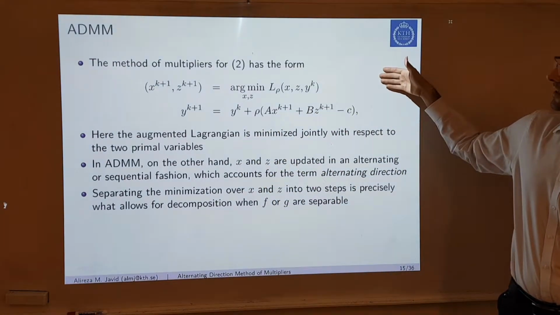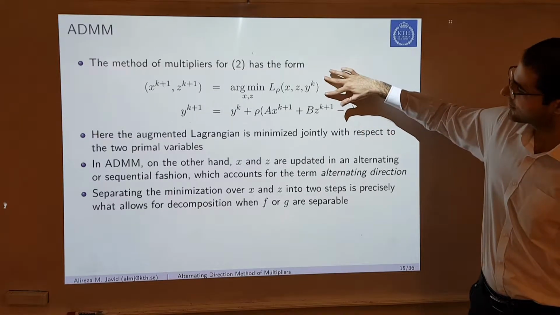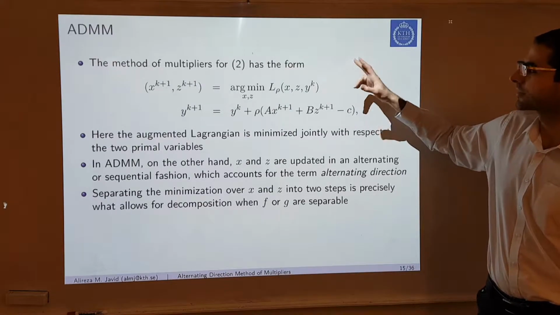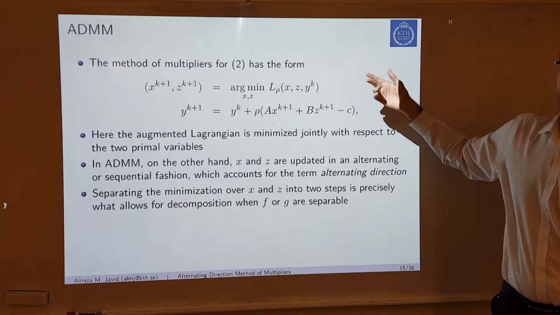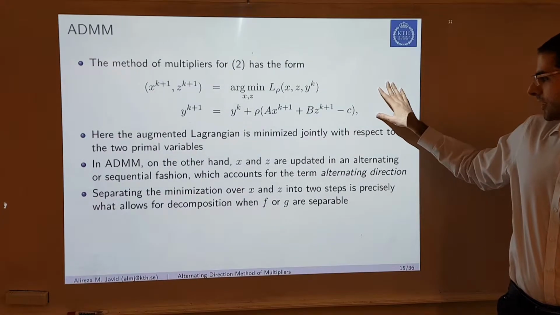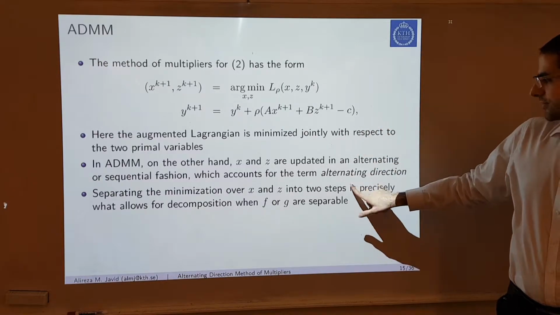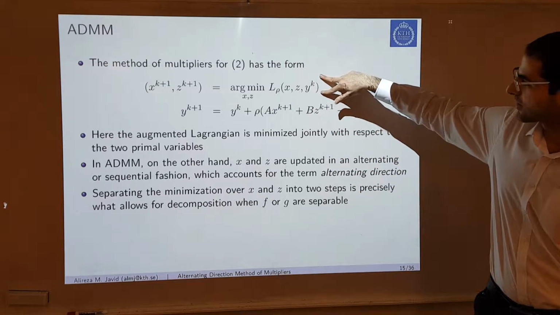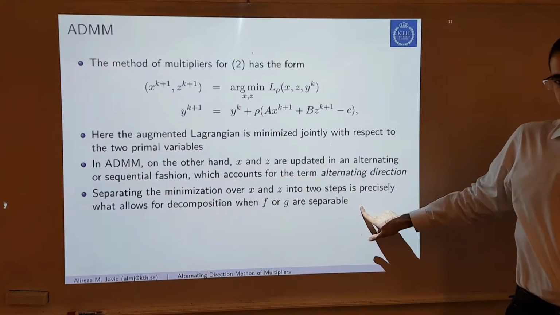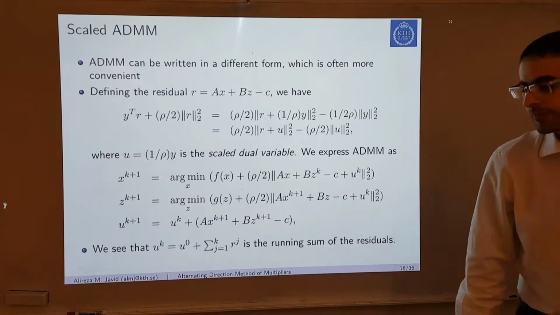Now, ADMM can be seen as the method of multipliers, except that the first step of the method of multipliers is a joint optimization over x and z, but here it is an alternating optimization. Hence we have the term alternating direction method of multipliers, called ADMM. One other point that I want to mention is that separating this joint minimization into one for each variable is exactly what allows us decomposition and makes us able to solve distributed problems.